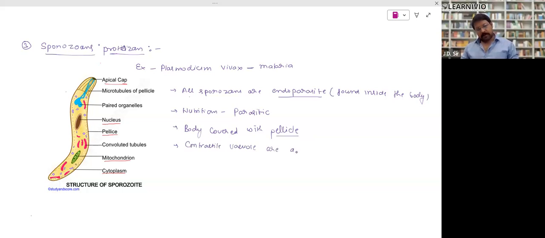So contractile vacuoles are not found. Asexual reproduction takes place through multiple fission.